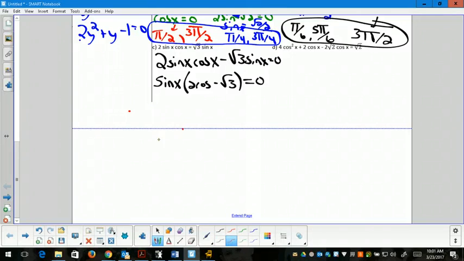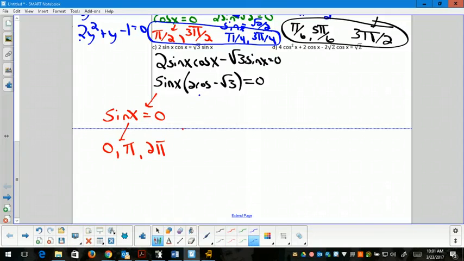So this one becomes sine of x equals 0, which has solutions at 0 and pi. You probably should do 2 pi also because it's including 0 and including 2 pi. So yes, 3 places.